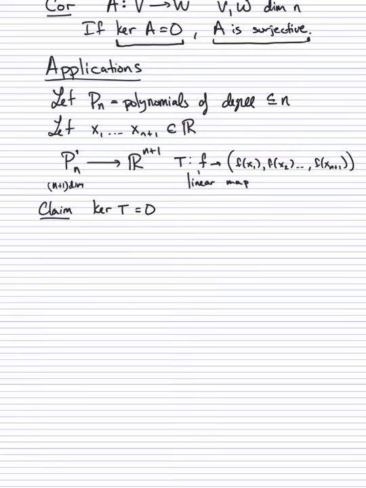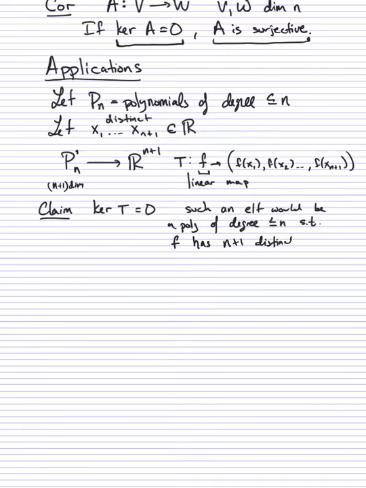It would be a polynomial of degree at most n where, with these n+1 distinct elements, you plug in n+1 different elements and you get 0. In other words, such an element would be a polynomial f of degree less than or equal to n with n+1 distinct roots, and that can't occur.